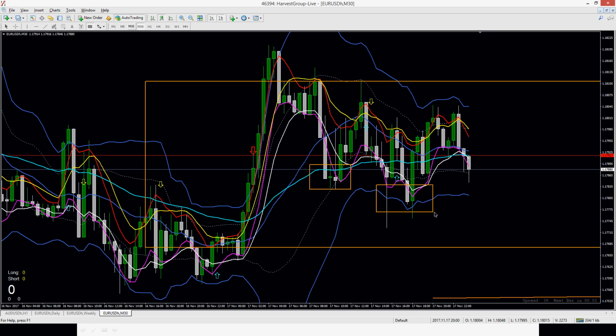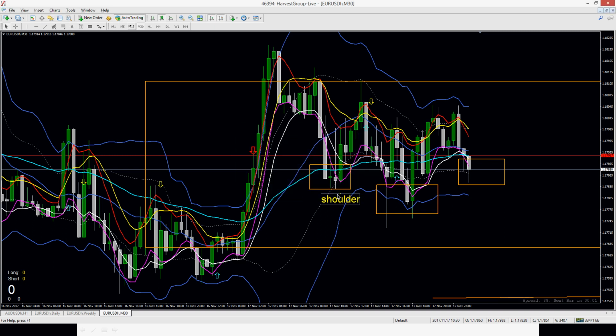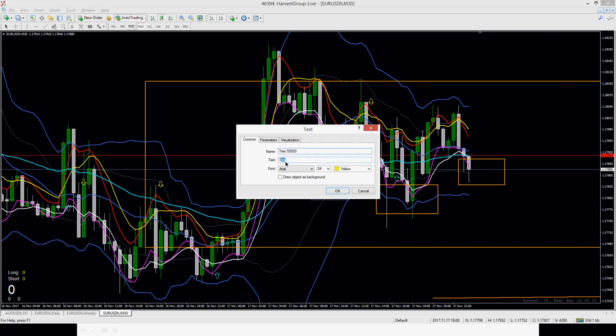Okay, what I can see is there is a head and shoulder at this particular juncture. So there's extreme deviation 1 over here. So this is the shoulder. Okay, and over here's the head.